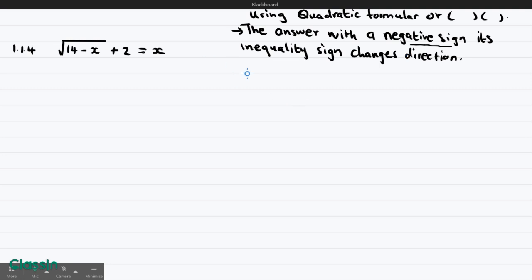Every time when you have this, make sure that square root is on one side alone.